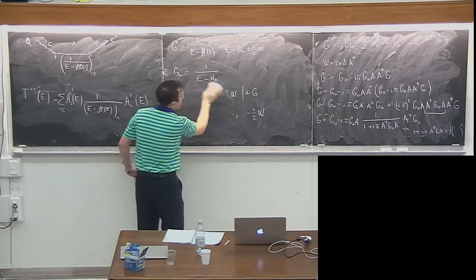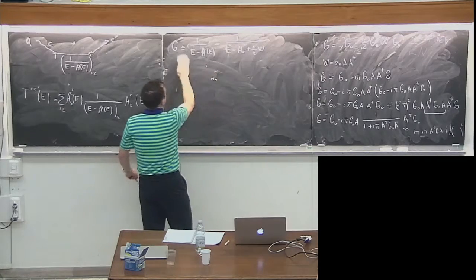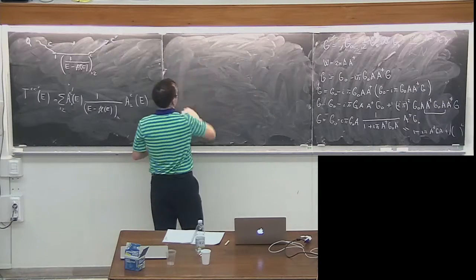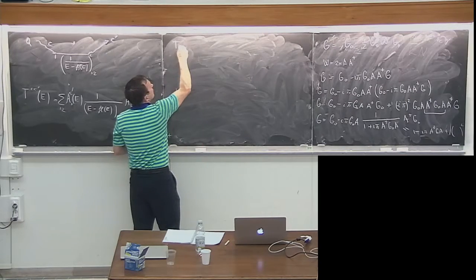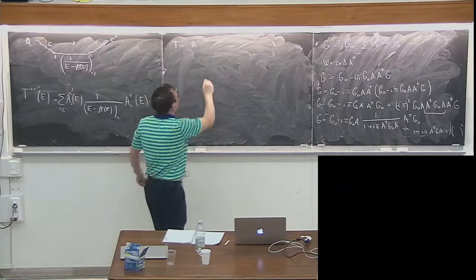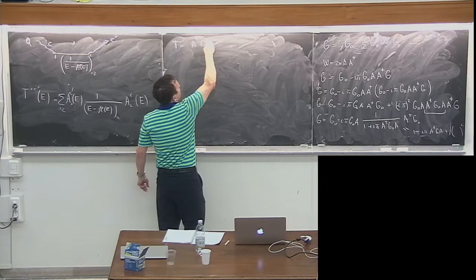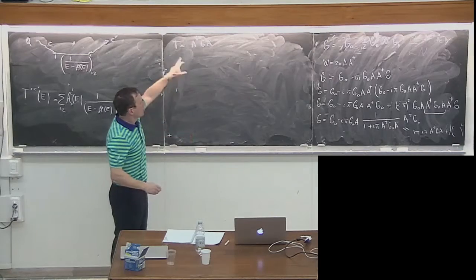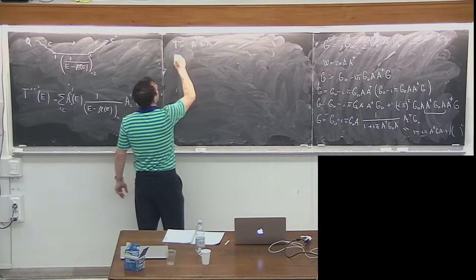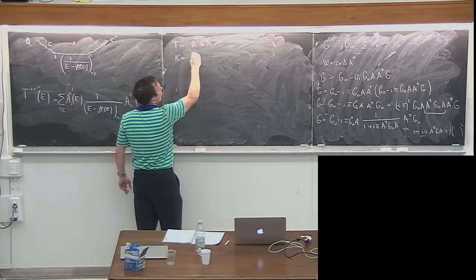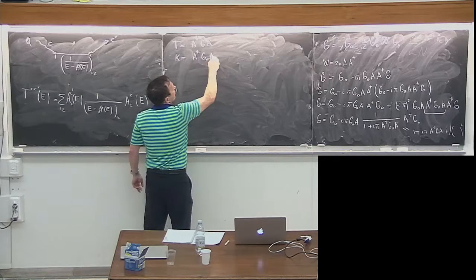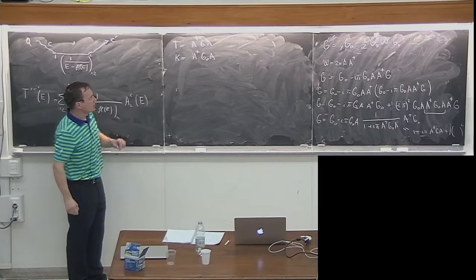So my T matrix will be found from A dagger, full propagator G, A. So the only difference is this in G naught.